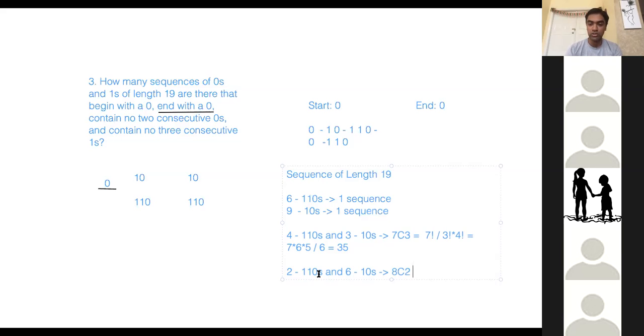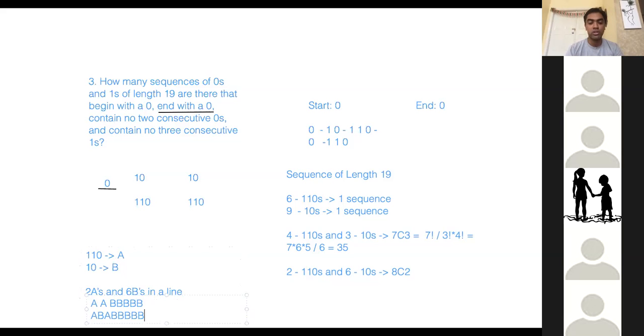You can imagine that I have these things in a row, right? So let's call a 1-1-0 something like A, and 1-0 is B. So I want to put 2 A's and 6 B's in a line. This is the same thing because I can just take an A, replace it by 1-1-0, and a B by 1-0. So then it's asking how many ways I can put AABBBBBB, or ABABBBBB, or so on.